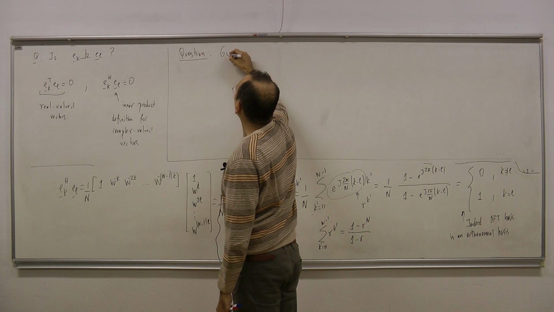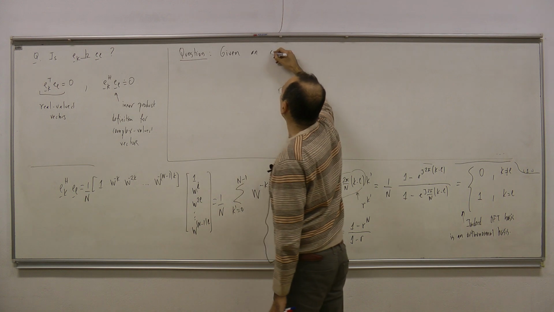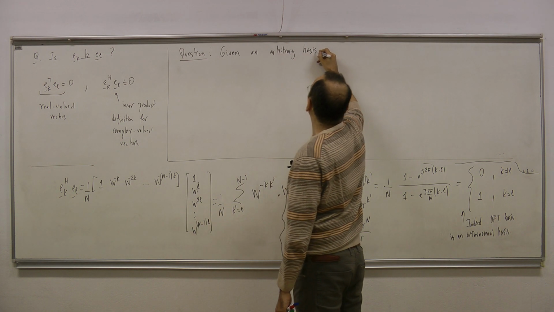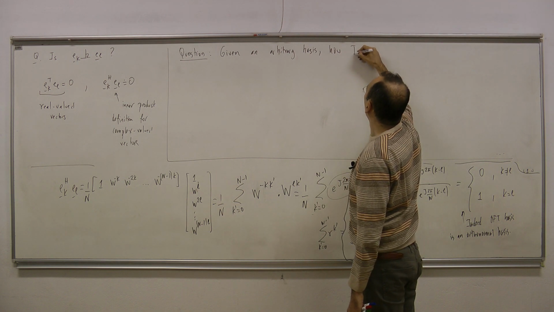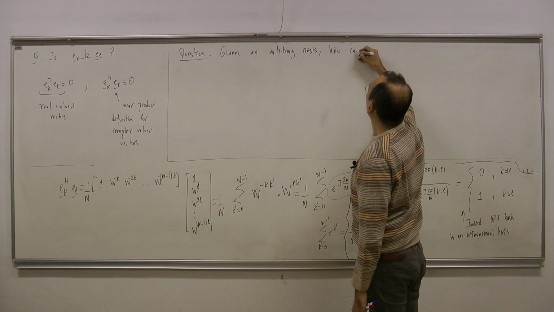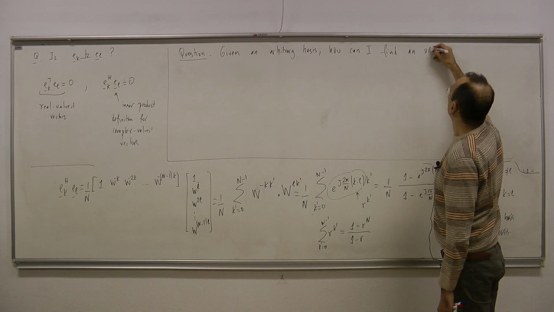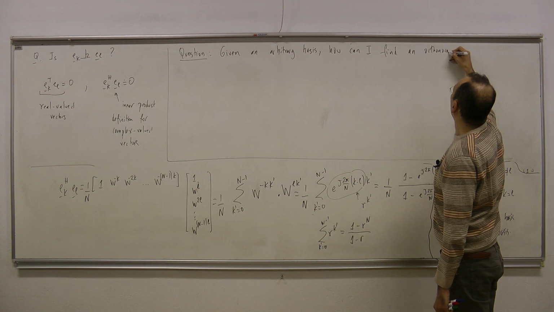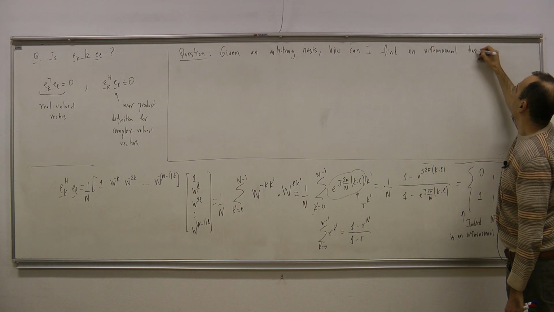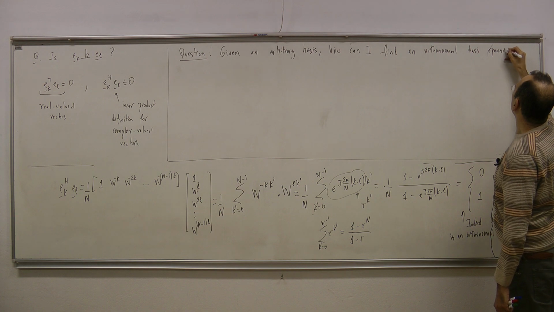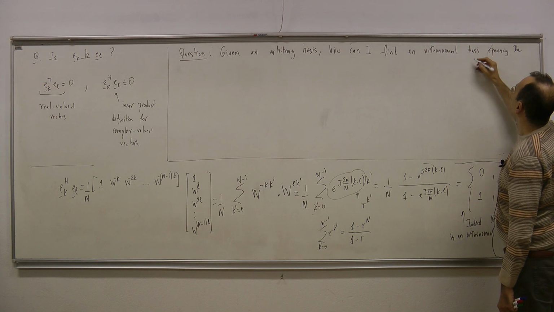Given an arbitrary basis, how can I find an orthonormal basis spanning the same space?